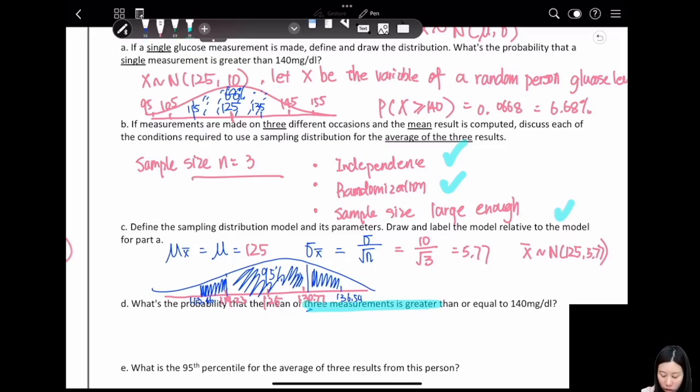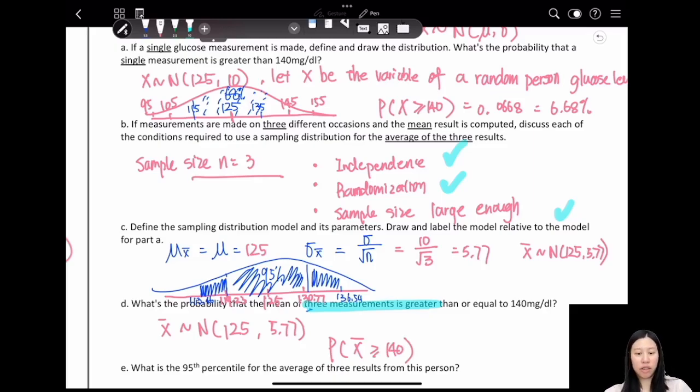So again, we know that this follows a normal distribution with mu 125, sigma is 5.77, not the parent sigma, because we are trying to estimate the probability of the mean of these 3 measurements. So we have the probability of x bar, not x, greater than or equal to 140.